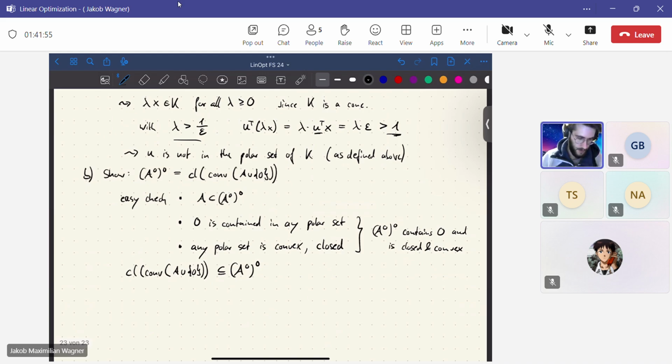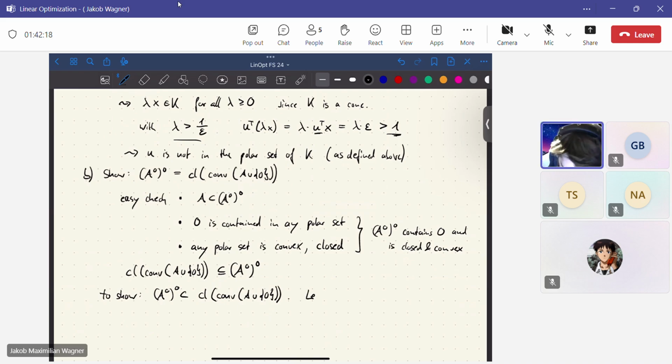So we need to now show the other way around. So to show that the double polar is contained in the closure of the convex hull of A including the 0 vector. And we again do this by contradiction.